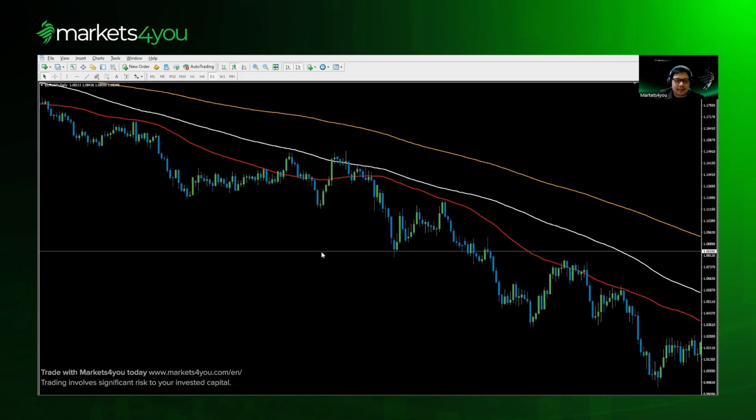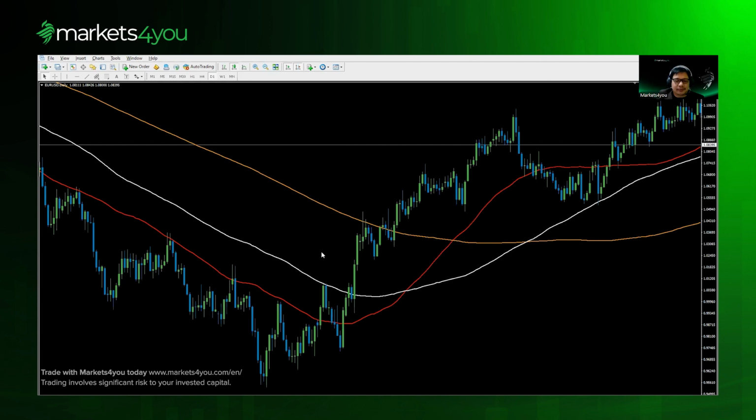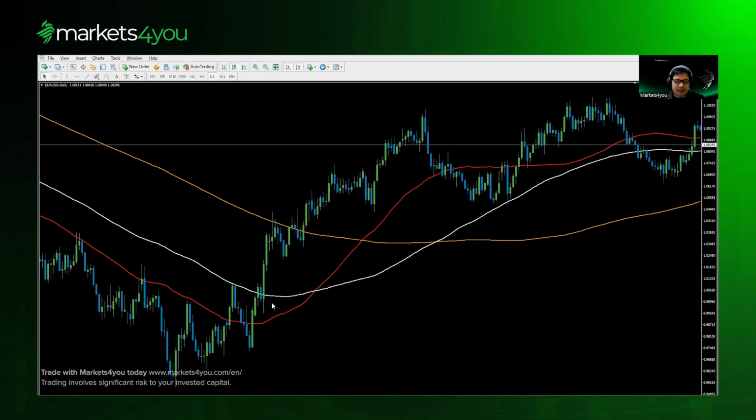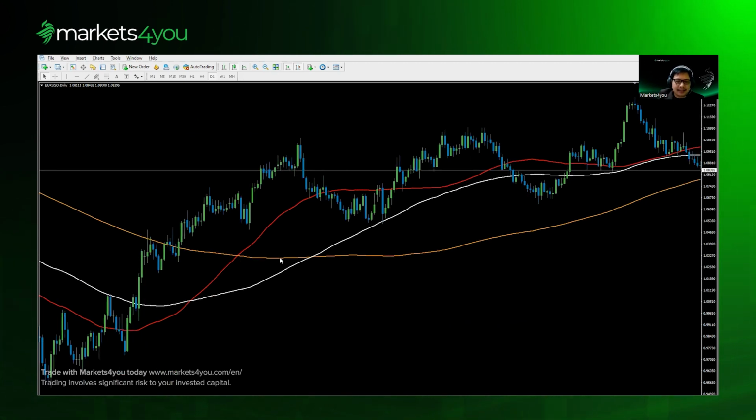You can see that this moving average is already above the medium term, but it's not necessarily going to change the direction unless it has moved like this. Then it will be confirmed to move higher.